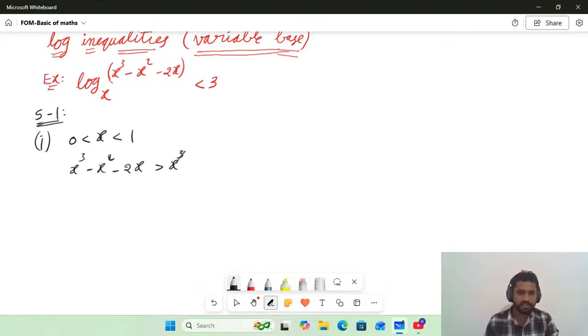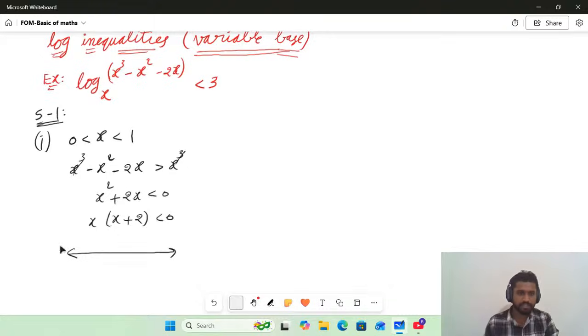Both sides, x cube and x cube, cancel. If you multiply this inequality by minus, x square minus 2x will be less than 0. So x into x minus 2 is less than 0. By using the wavy curve method we can find the solution for this inequality.